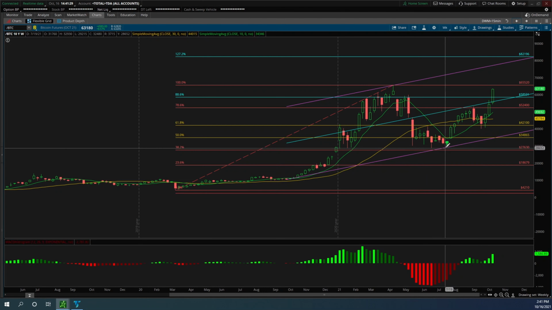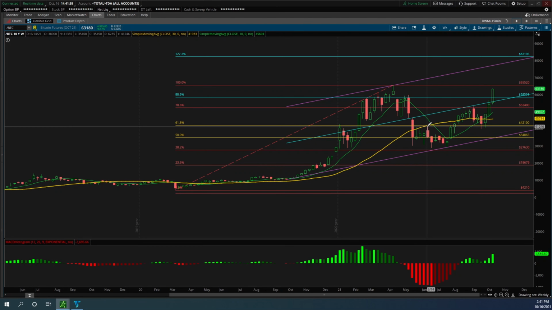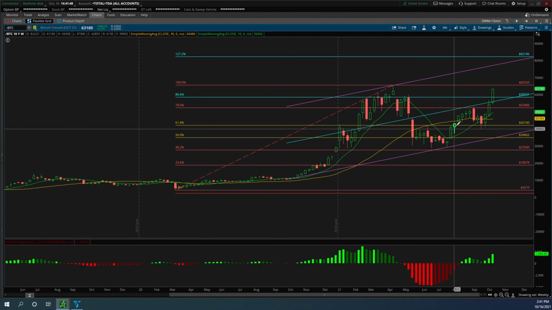Again, so you can see that it made a low, went up to the 61.8%, and then came back down, and then crossed the 10-week moving average, and then crossed the 30-week moving average.